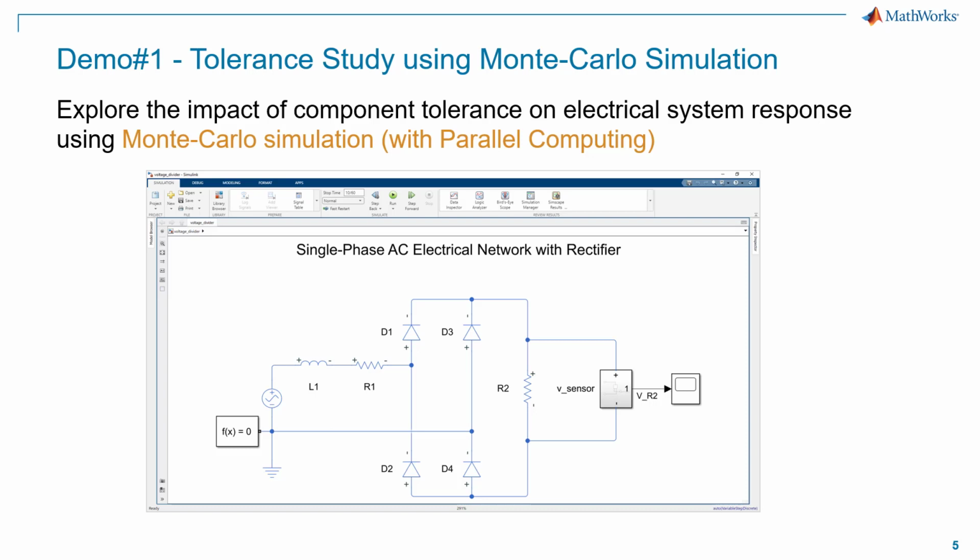Especially, parallel computing is used in this example to speed up the simulation. And please note that even though we are using a very simple model here, the workflow can be used for any other type of electrical system design if you want to use Monte Carlo methods in a very efficient way for the trade-off study. All right, now let's jump to MATLAB to get started.